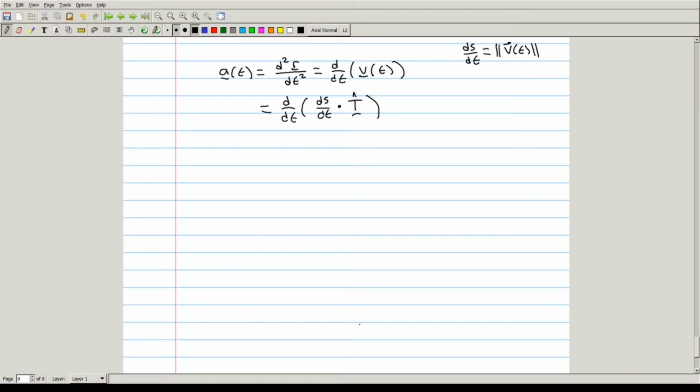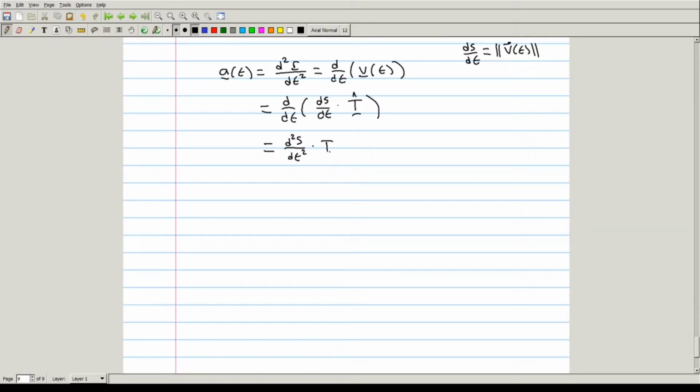And so, using what we know about the product rule, and this is actually even simpler to show than some of the things we talked about before with the dot product and cross product, this is going to obey the product rule, which means that this will be the second derivative of arc length with respect to the parameter t times the unit tangent vector. I'll make the dot here a little bit smaller because this is not a dot product but just normal scalar multiplication.